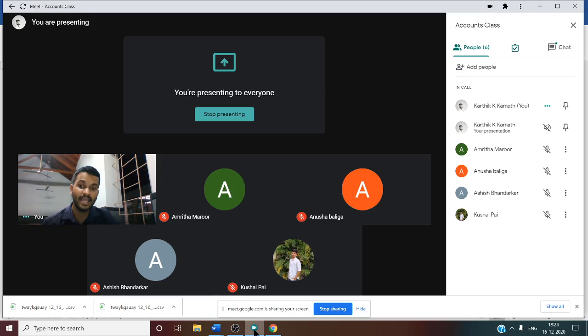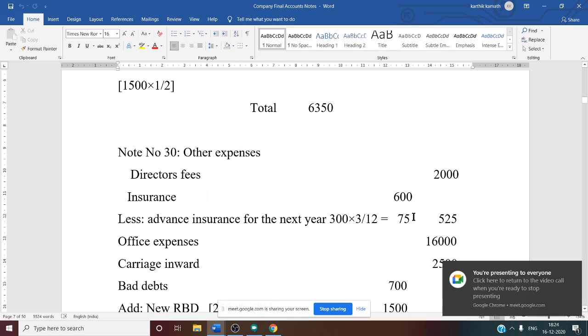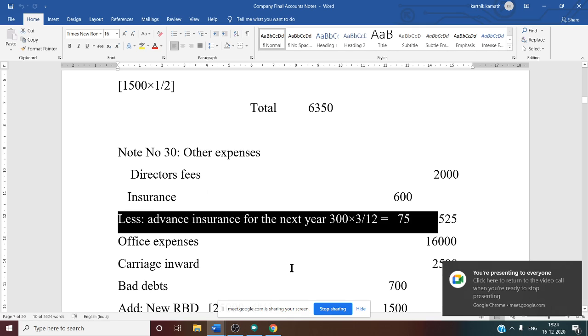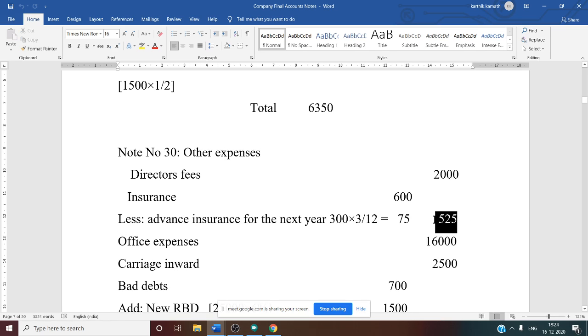That is why extra information other than 31-3-2015, that is April, May and June information, we don't want. That is why we have to deduct that information. See this, less advance insurance for the next year is deducted from the present insurance because it is prepaid insurance. That is 300 into 3 by 12. Why 3 by 12? 3 months, April, May and June. So 600 minus 75, if you do, you will get the final answer, that is 525.